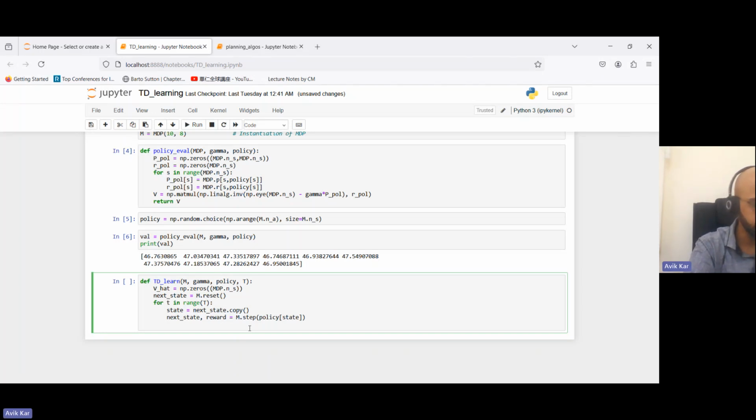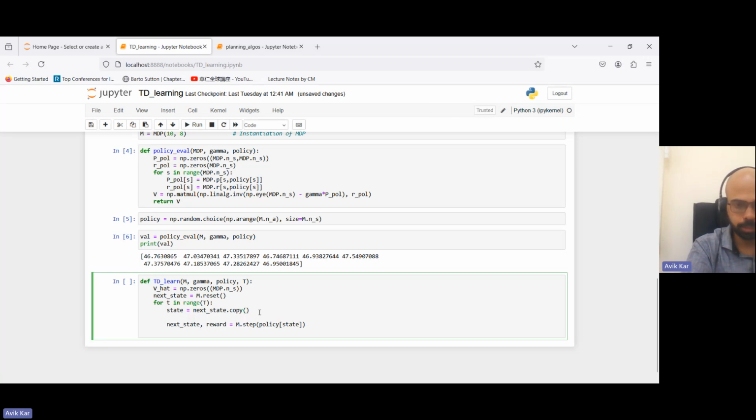Or is there anything else? Let's ask that question, because I think we need something more: we also need to count how many times the state is visited.